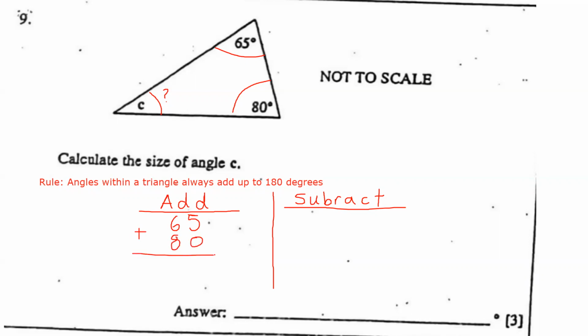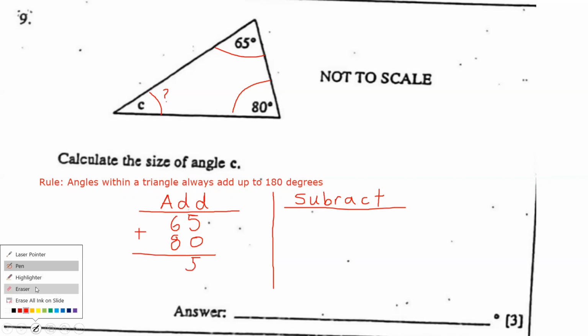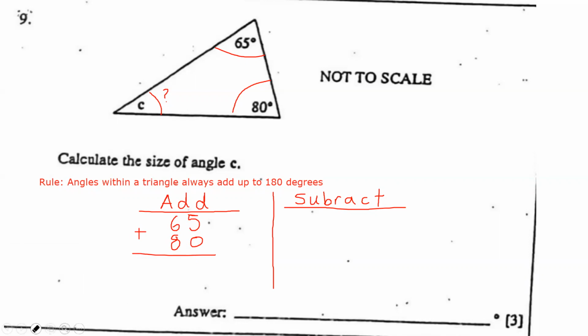What do we get? Well, 5 plus 0 is definitely 5. And what is 8 plus 6? 8 plus 6 is definitely 14. So this is 5. 8 plus 6 is 14. So when we add 65 and 80, we get 145.